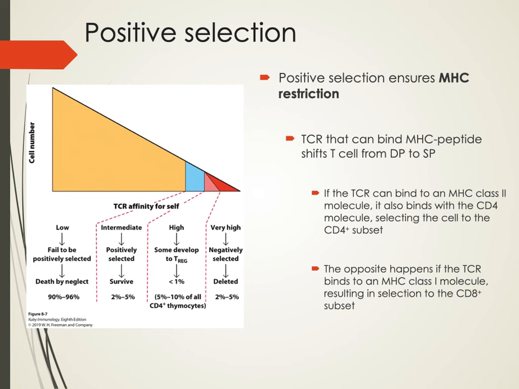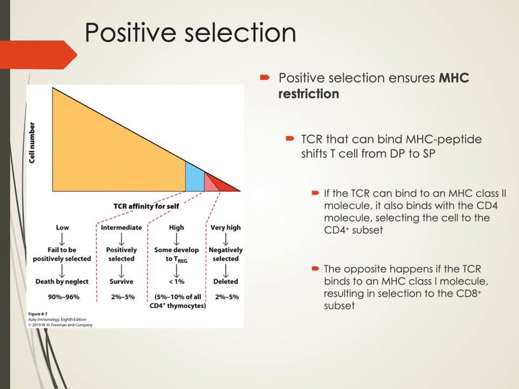So what we're looking at is MHC restriction, right? So it's really about that T cell receptor being able to bind to the MHC, okay? And again, hitting that Goldilocks where we're getting the right amount of binding. And so if we look at this figure, we can see that the ones that actually undergo positive selection are going to be only 2 to 5% of those thymocytes that begin this selection process.